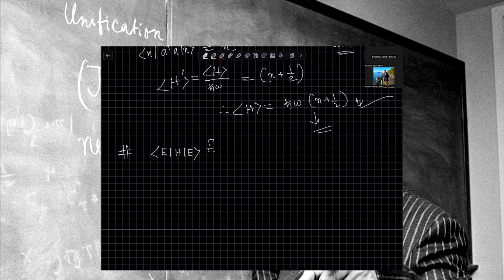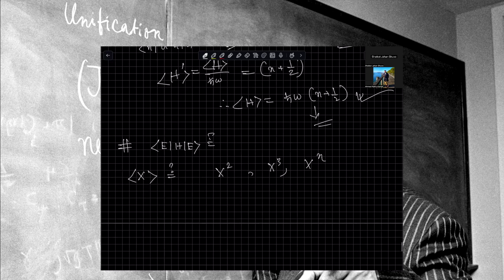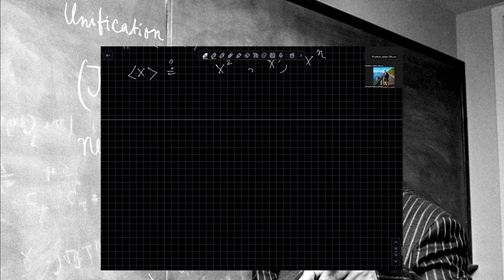What about the expectation value of the position of the harmonic oscillator? Or maybe position squared, or position cubed? If you try to do it with the Hermite polynomials, it's like living in a nightmare. But with these operators, it's like a walk in the park. Anyone can do it.